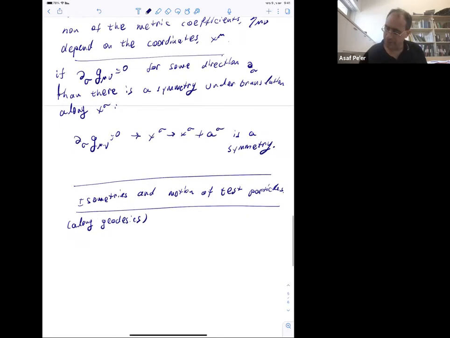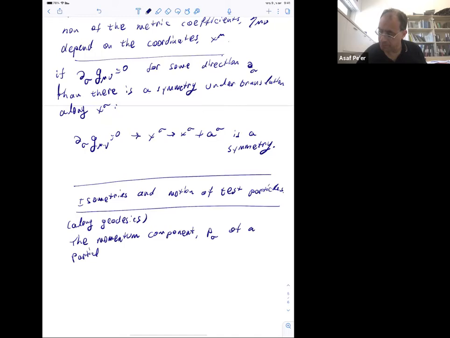The momentum component p sigma of a particle is a conserved quantity of the motion. Okay, proof.